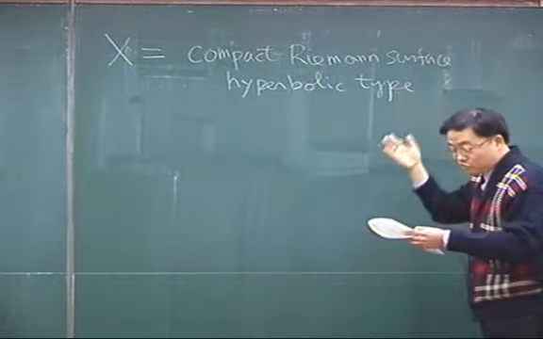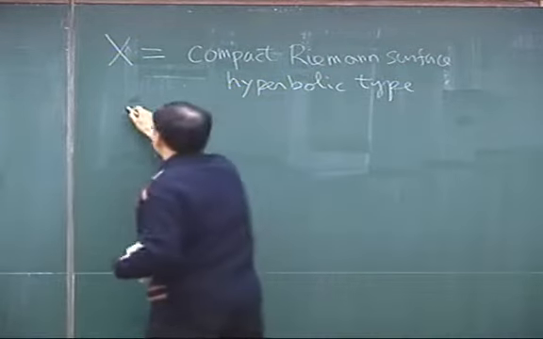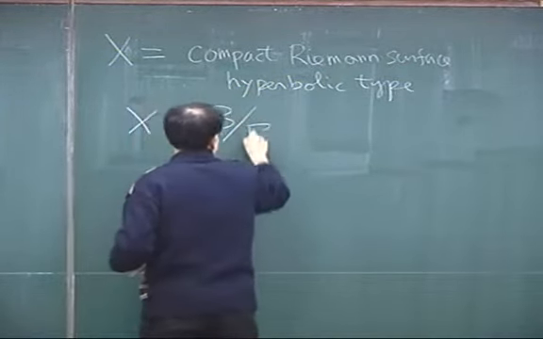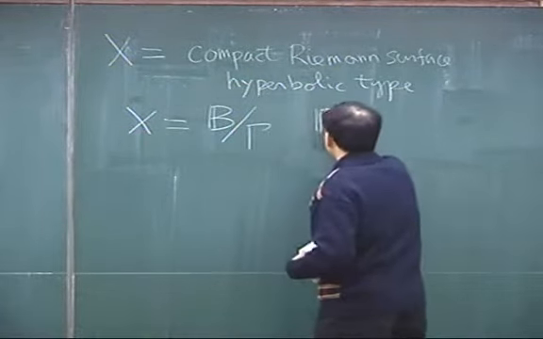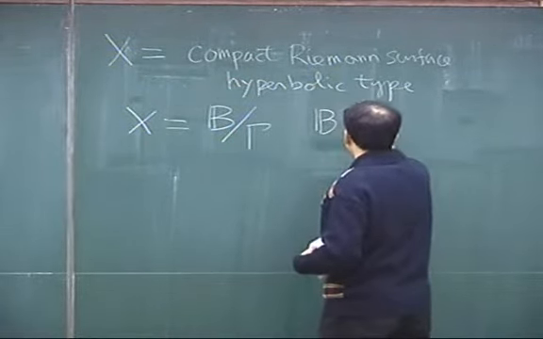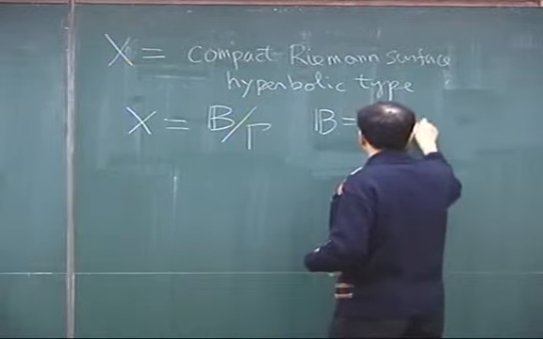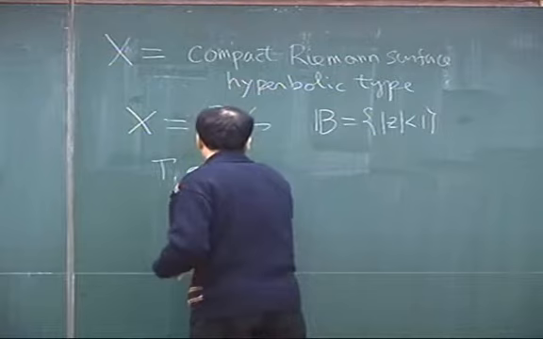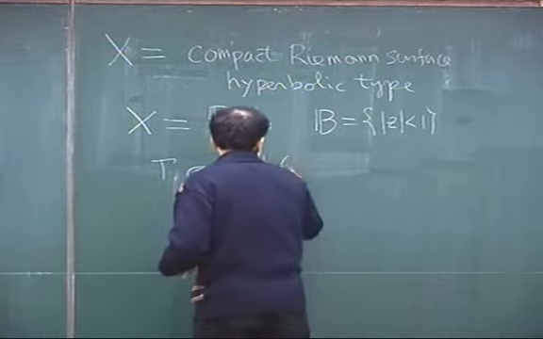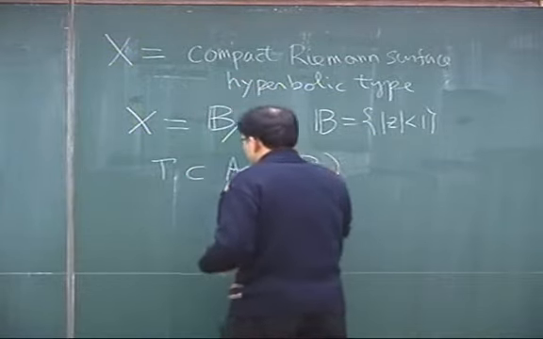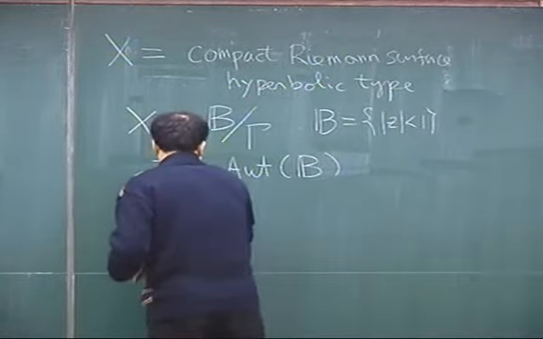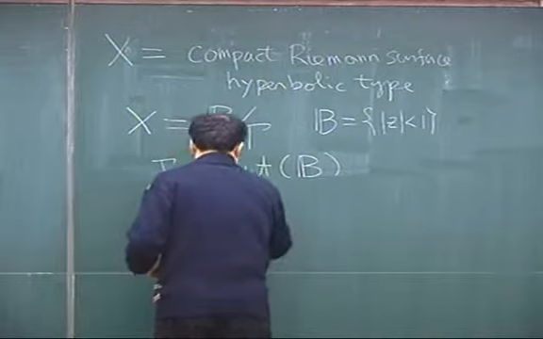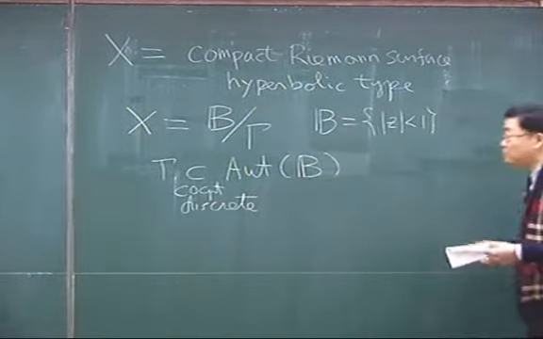So which means that you can write X as a quotient of the disk by some subgroup, where B is the unit disk, and gamma is inside the biholomorphic automorphism group of B, and this is co-compact and discrete. So that's the Riemann surface.